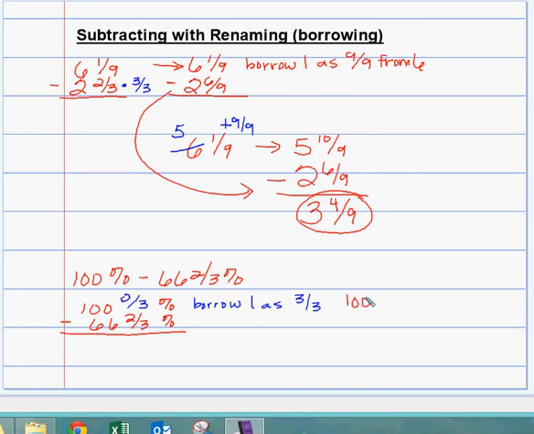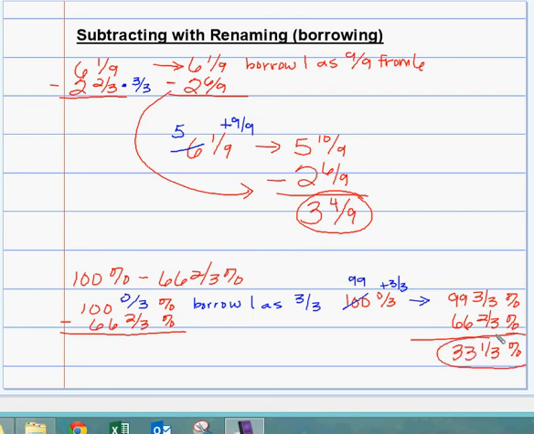So it's 100 and 0/3. And when we borrow, that becomes 99, and then we're going to add 3/3. So we end up with 99 and 3/3, and remember it was percent, minus the 66 and 2/3%, giving us 1/3. The percent sign stays there, and 99 minus 66 is 33. So 33 and 1/3%.